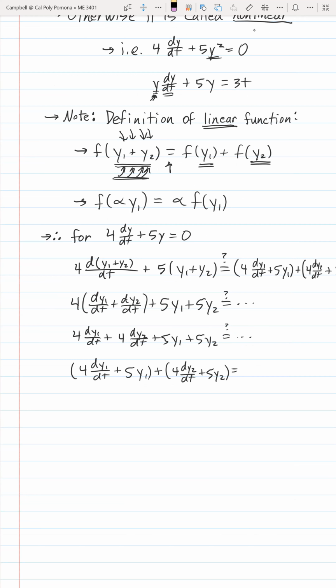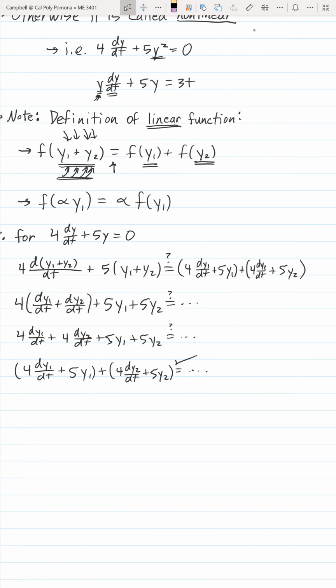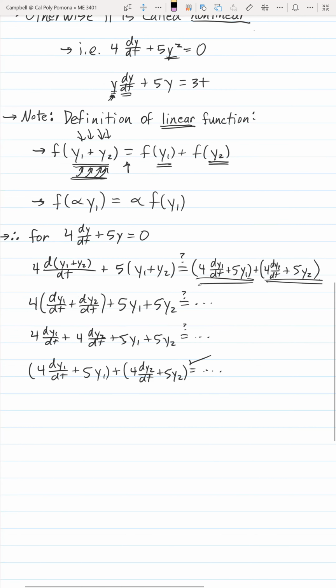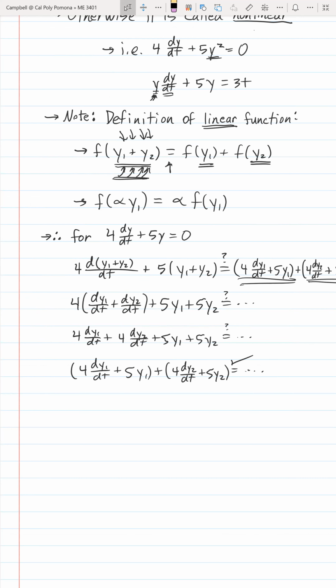And that is clearly equal to, so we'll put a little check mark here, our original right-hand side, which you can see is exactly the same thing. The y1's are there, separated out, the y2's there, separated out. And so sure enough, this would indicate that we have satisfied the first requirement associated with being a linear system.